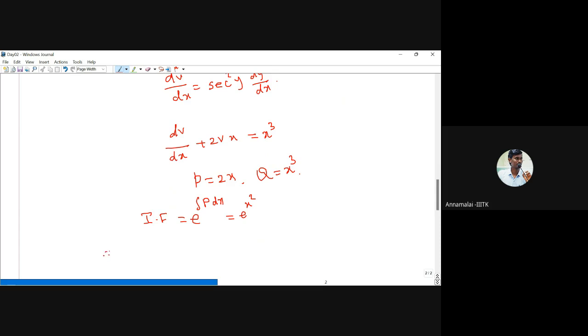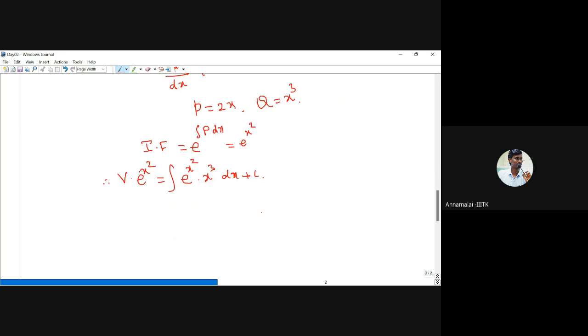Therefore, the solution is v into the integrating factor, e power x square, equal to the integration of the integrating factor times q. What is q? x cube into dx plus c. Now, we call this x square some t, a change of variable. Take t as x square.